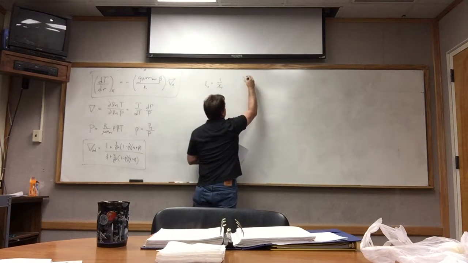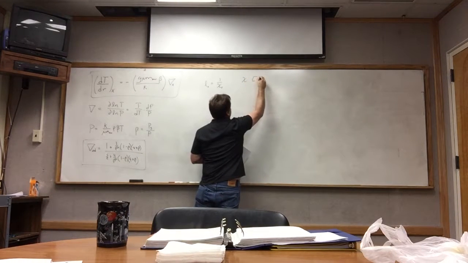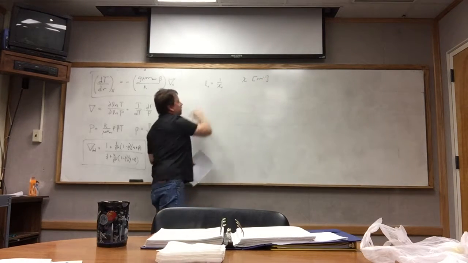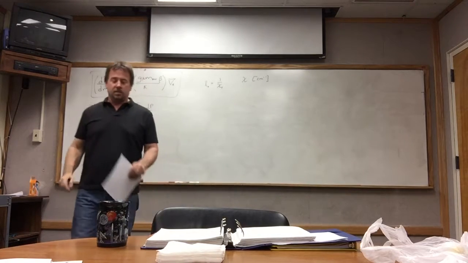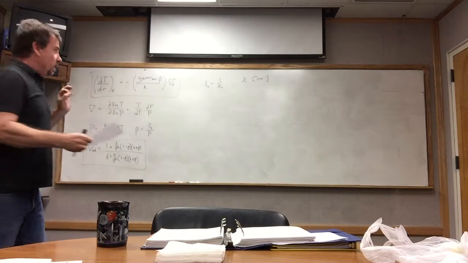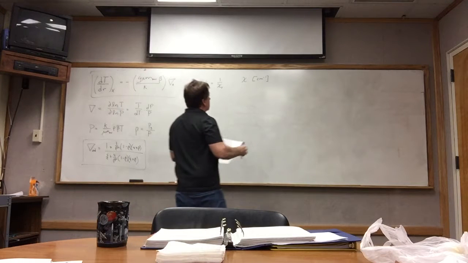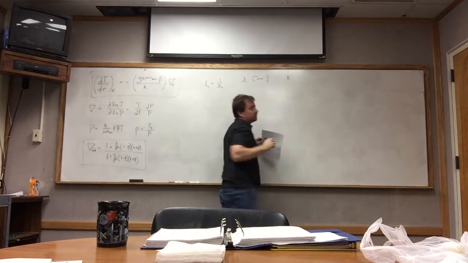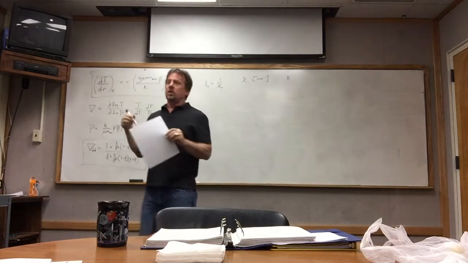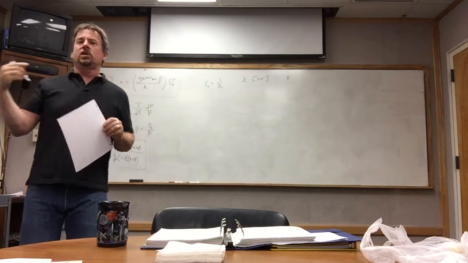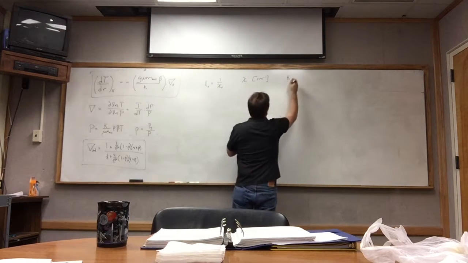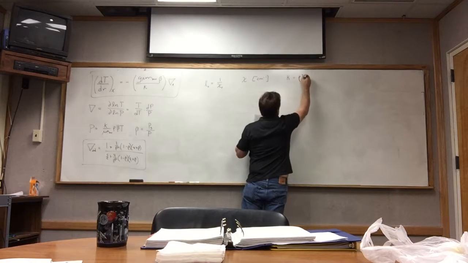Remember, the opacity is in units of centimeter minus 1. So it is literally the inverse of the mean free path. What other people use is something known as kappa. Okay, and kappa is known as the mass absorption coefficient.